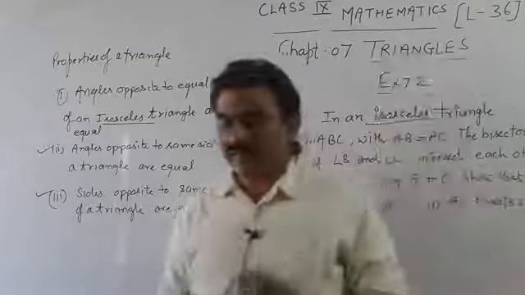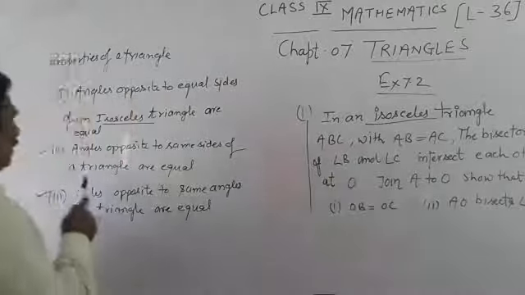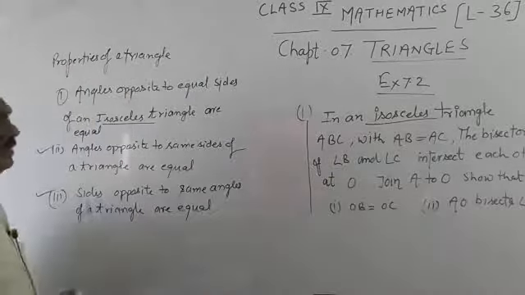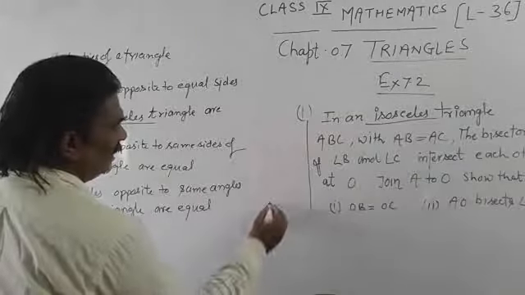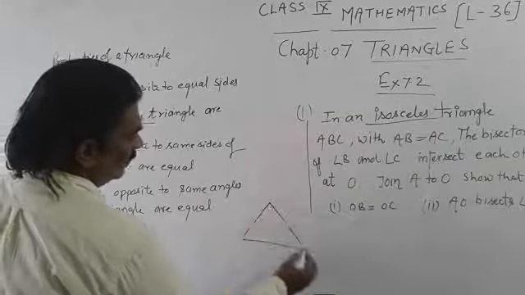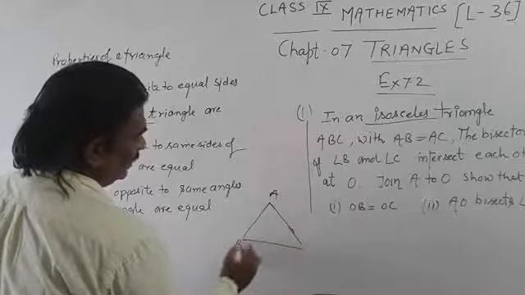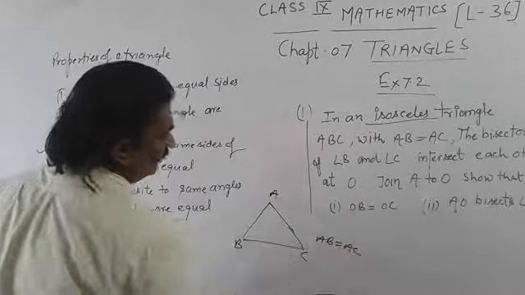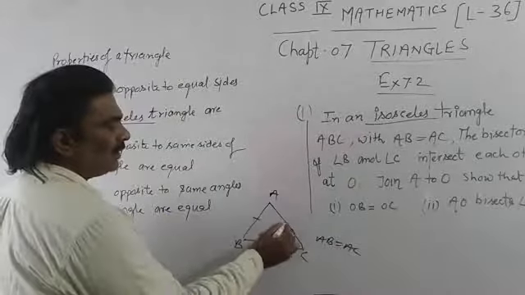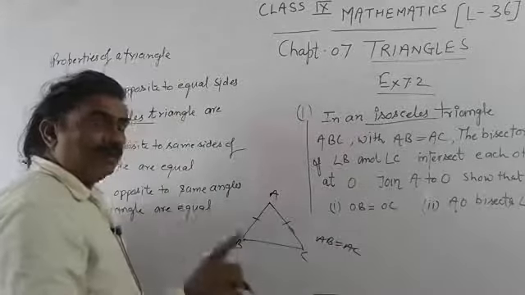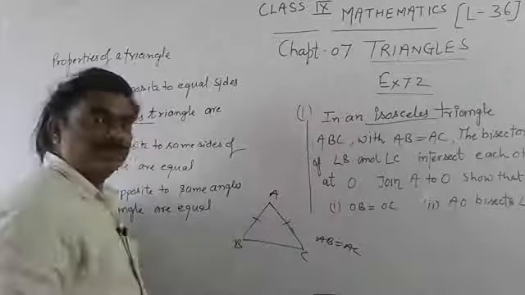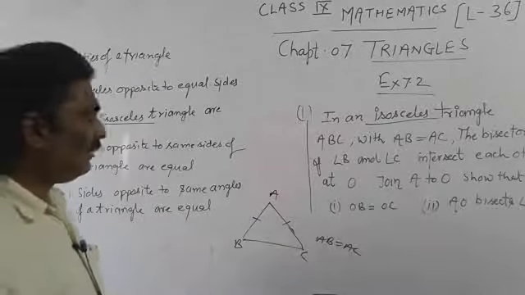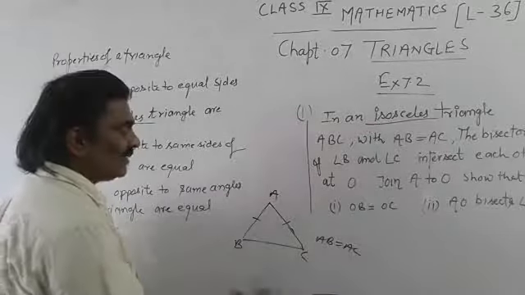Okay students, angles opposite to equal sides of a triangle are equal. Suppose we have a triangle ABC where AB is equal to AC. According to the property, if sides are equal in a triangle, then angles opposite to those sides are equal.